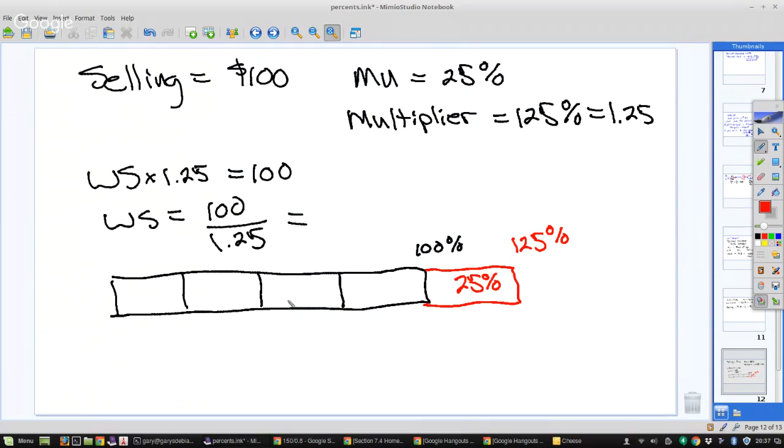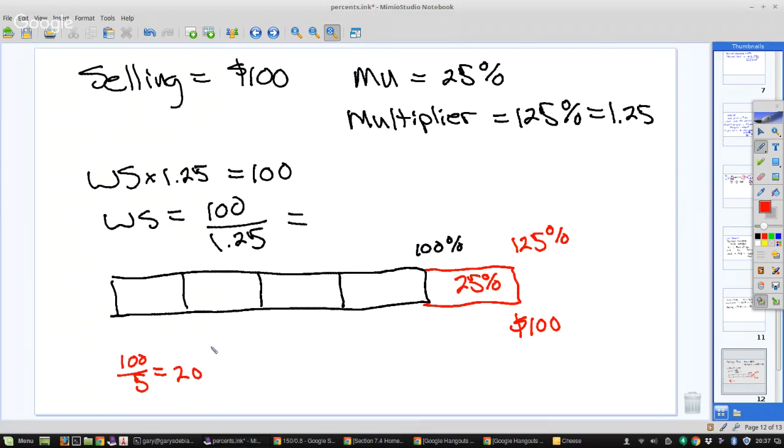Now each of these chunks are also 25%. Now let's see, where does the $100 live? Well, the $100 is the selling price. That's including the markup. So over here is where that lives. So I have $100 in there. But this tells me that I need to break that $100 up into 1, 2, 3, 4, 5 equal chunks. So if I take 100 and divide that by 5, then I should get 20.